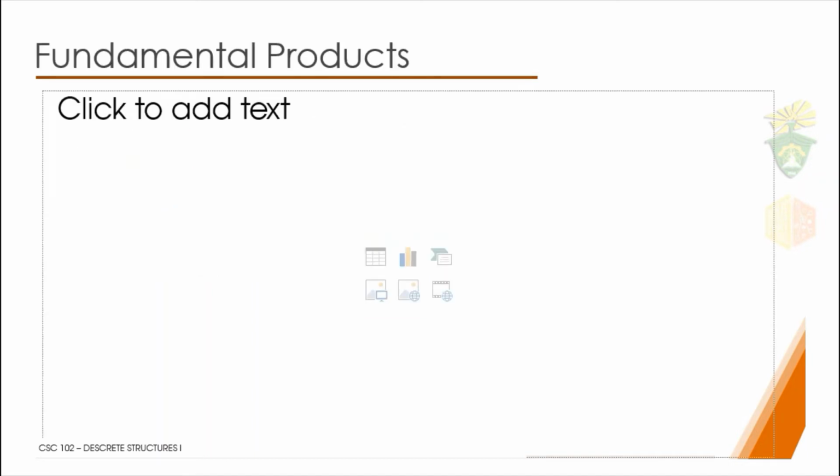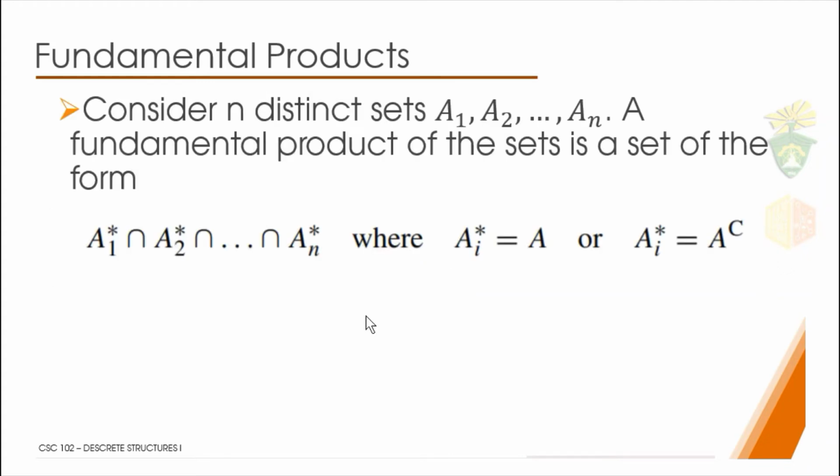Now, last is the fundamental products. In fundamental products, we consider n distinct sets A sub 1 to A sub n. A fundamental product of a set is a set of this form.